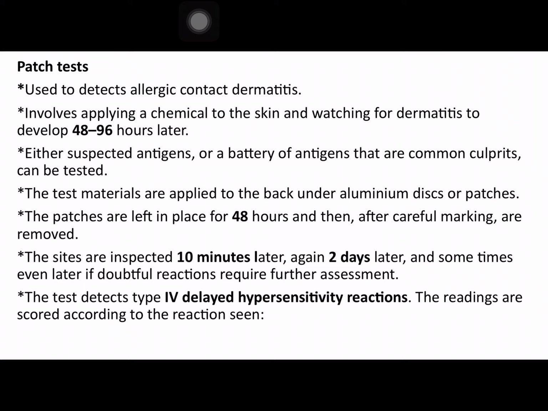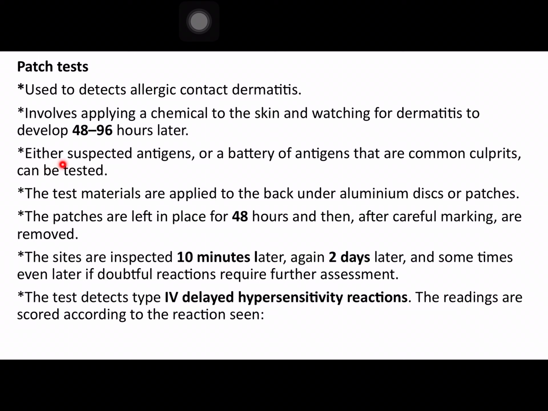Patch test is an important test to confirm the diagnosis of allergic contact dermatitis. It detects type 4 delayed hypersensitivity reaction, or cell-mediated allergic reaction, which is the same pathogenesis as allergic contact dermatitis. The test is done by applying a chemical to the skin and watching for dermatitis after 48 to 96 hours.